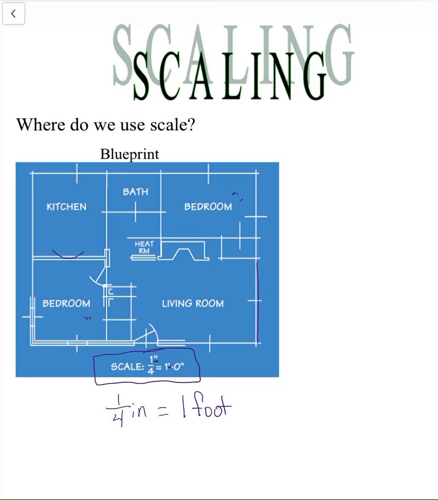The kitchen is about the same size as this bedroom right here. So the blueprint allows you to see the comparison size in a smaller picture without actually having to go and see the apartment. That's something scales allow us to do.